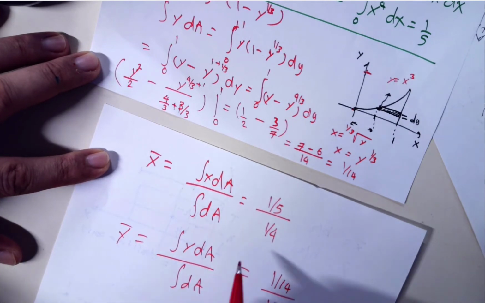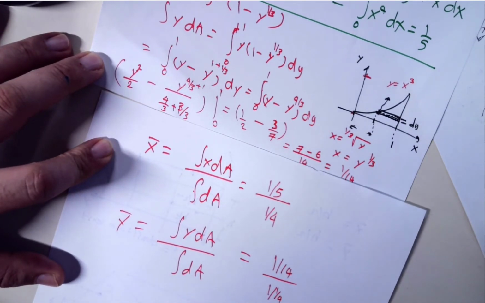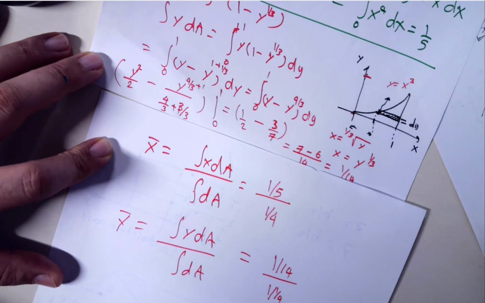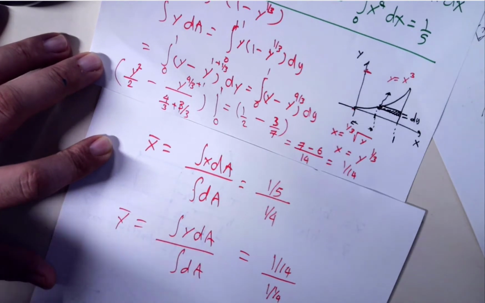So these are the locations of the centroid, x bar and y bar.